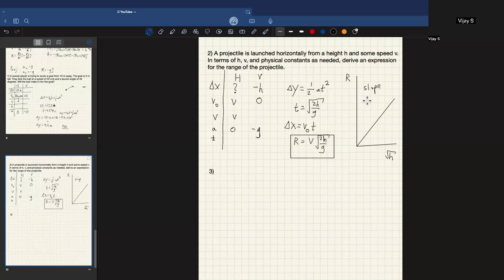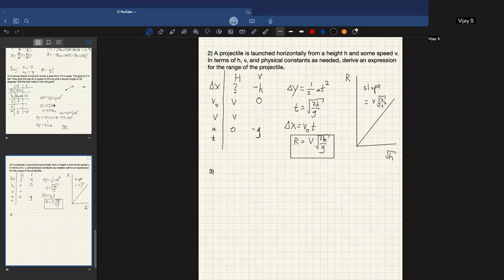And you can get that because you have your symbolic expression. You just divide by root height on both sides. That'll give you rise over run for this graph, which we know is going to be constant. Speed is a constant, 2 is a constant, and g is a constant as well.